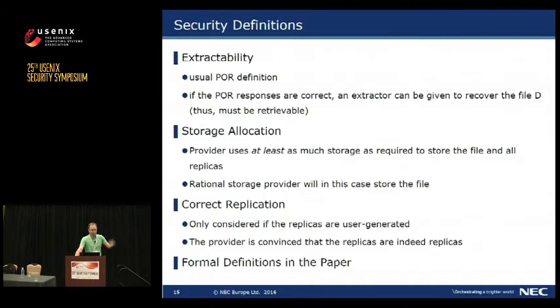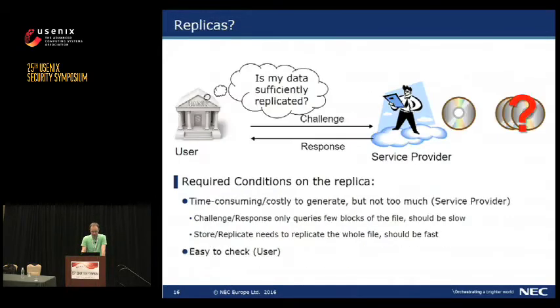And well, as it is a rational adversary, then it only makes sense for him to store the replicas because the storage space is consumed in any case. Yeah, correct replication, again, for the MRPDP-like protocols. The definitions in detail you find in the paper.